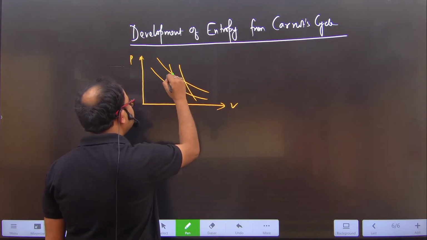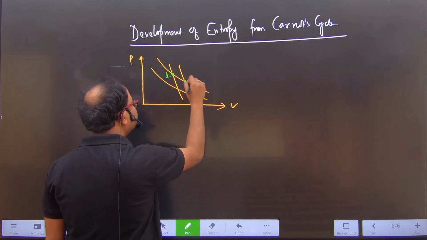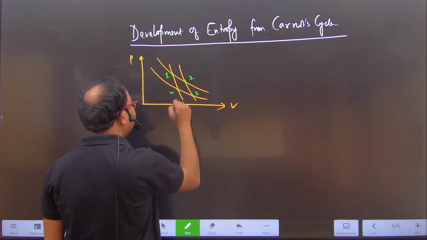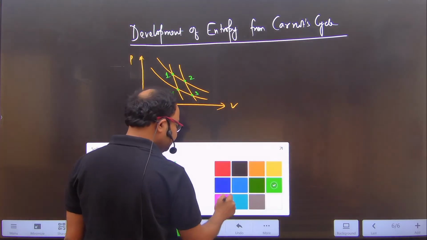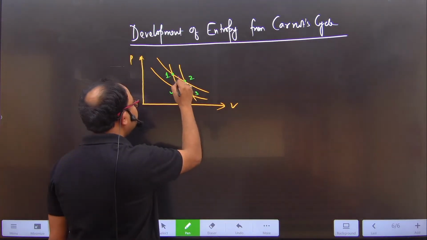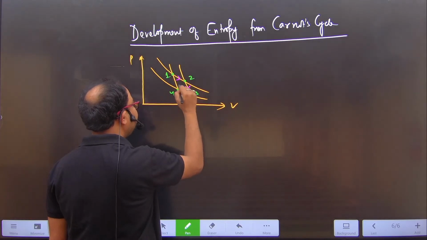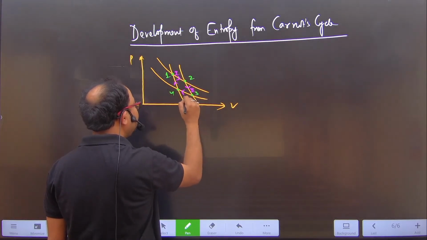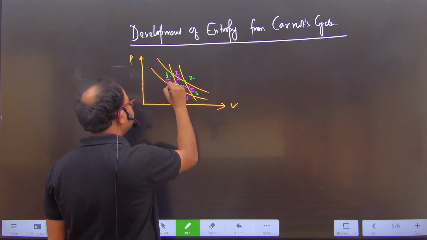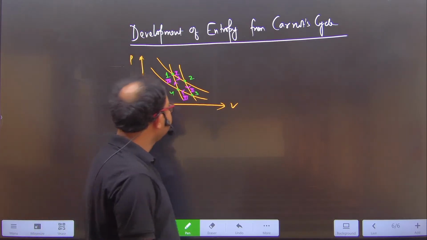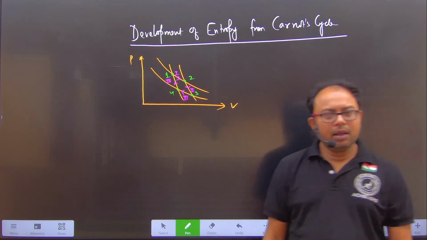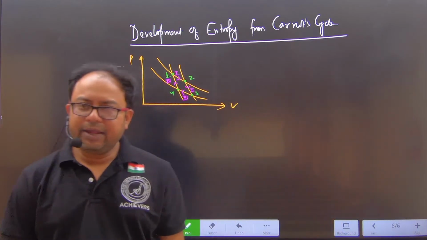This is state 1, this is state 2, this is state 3, this is state 4, and you have successfully connected them. This is 1, this is 2, this is 3, and this is 4.